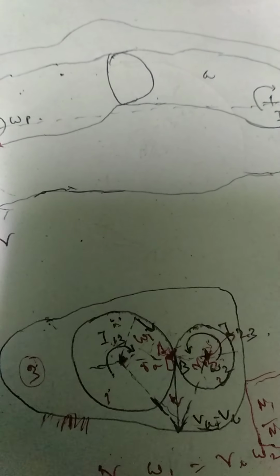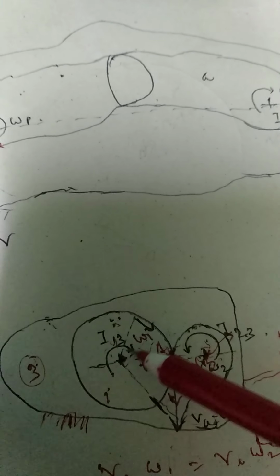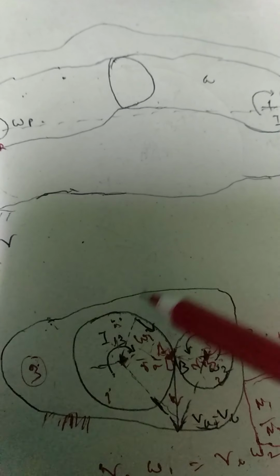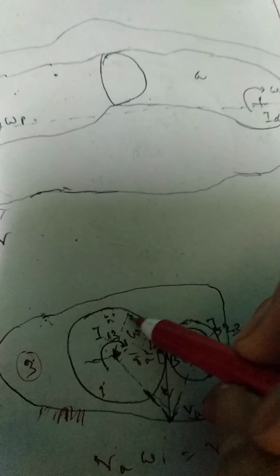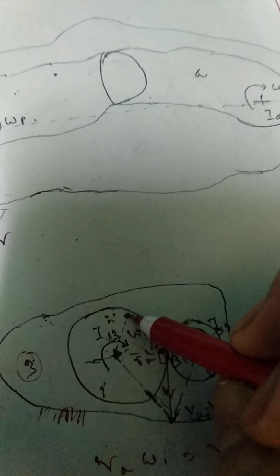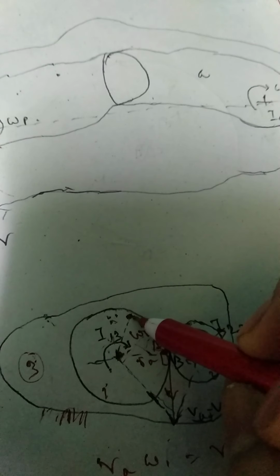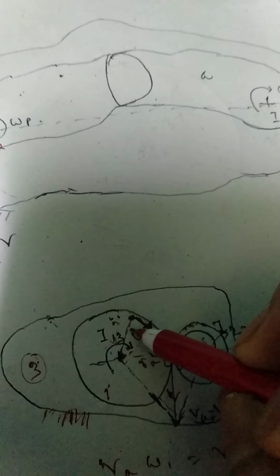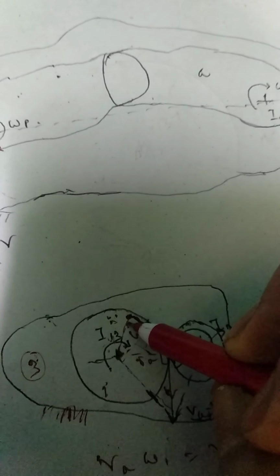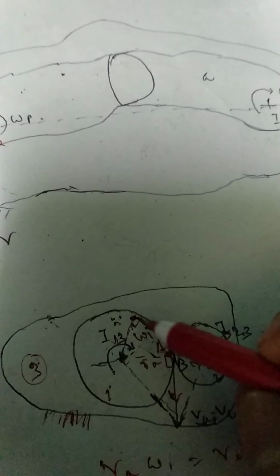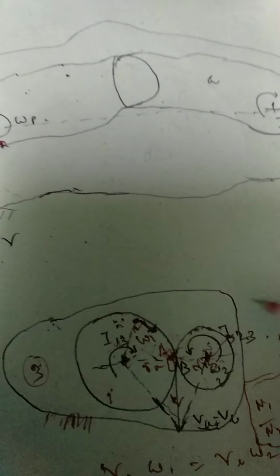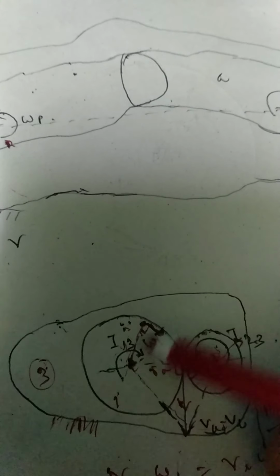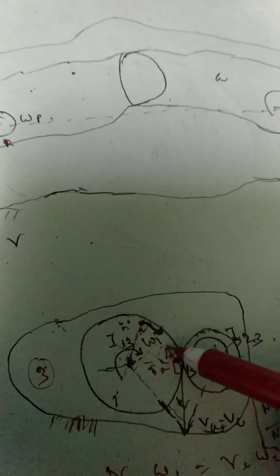At the I center the relative velocity will be 0, but if we consider any other point on this body, at distance r, it is moving with omega 1, so it will have a fixed velocity, omega 1 into r.